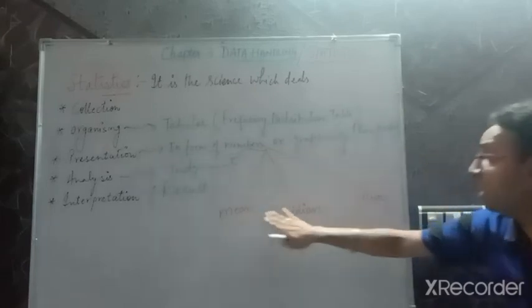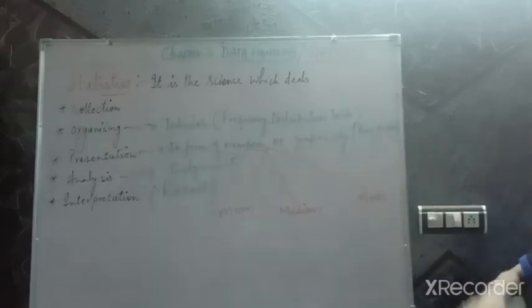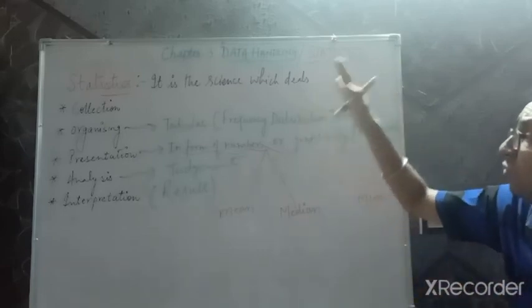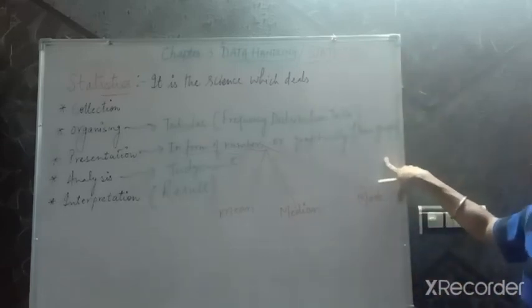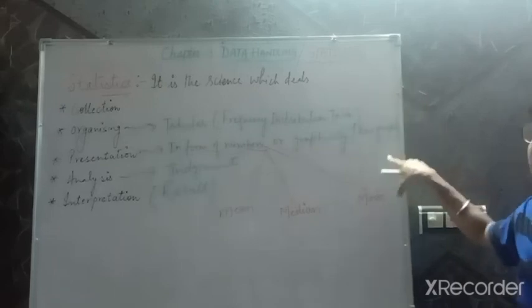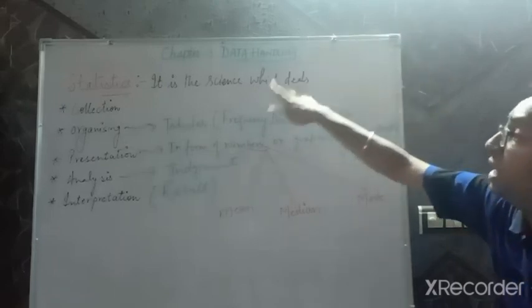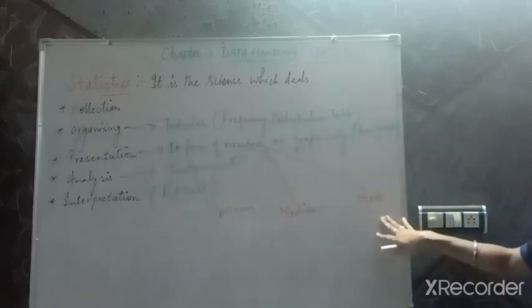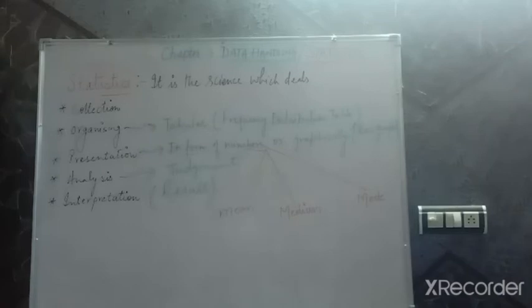If you find the mean, median, mode of the data, you are actually presenting how the data is. Are we clear? That is why, for presentation, we either use the graphical form, meaning a bar graph, or the number form: mean, median, mode. I hope everyone is clear with this.